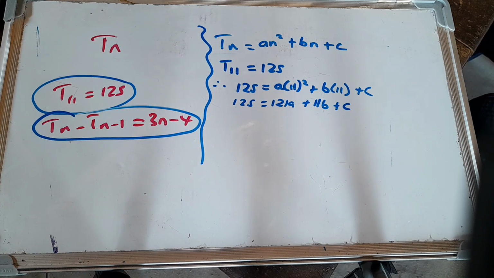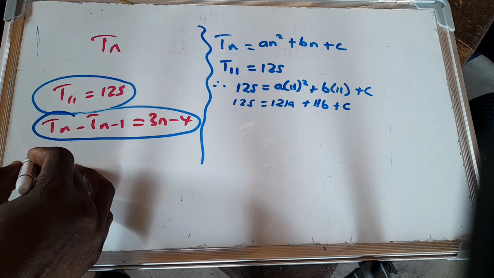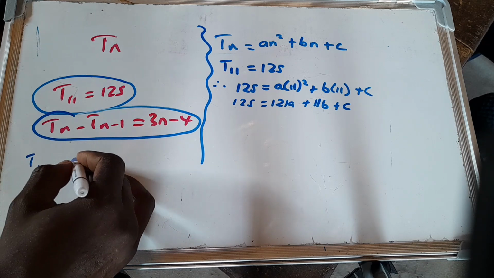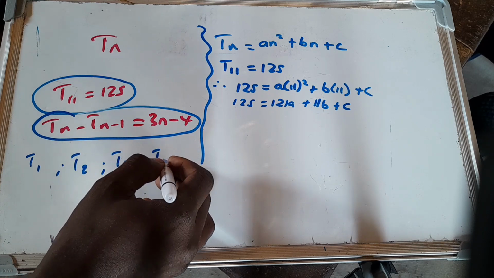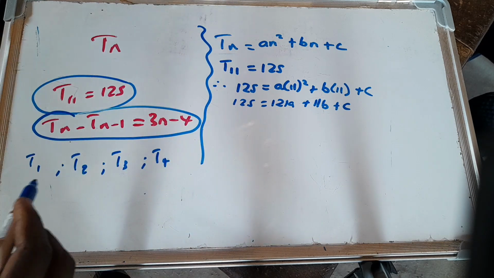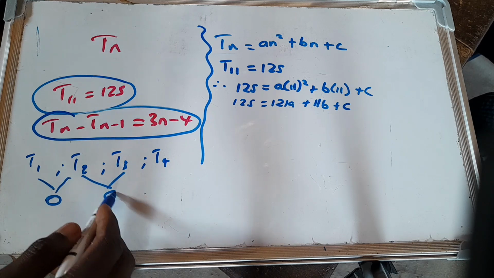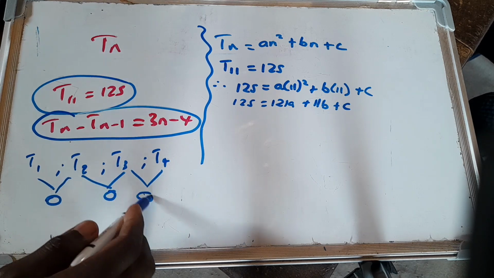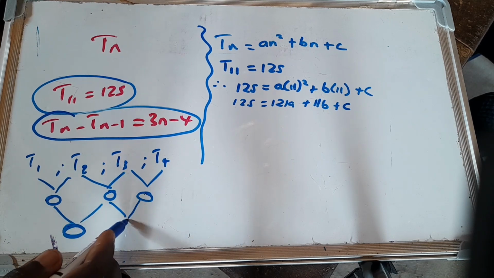Just imagine you have a quadratic pattern: this is term 1, term 2, term 3, term 4, and so on. If we subtract these terms, we get a pattern formed, and likewise we get a constant difference.